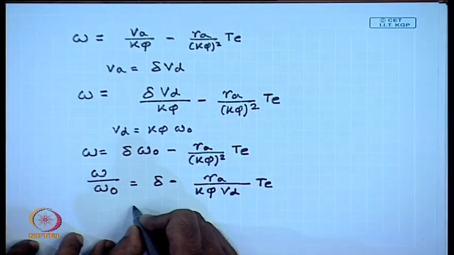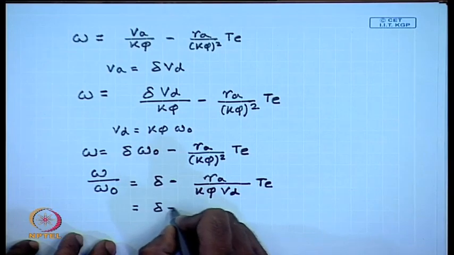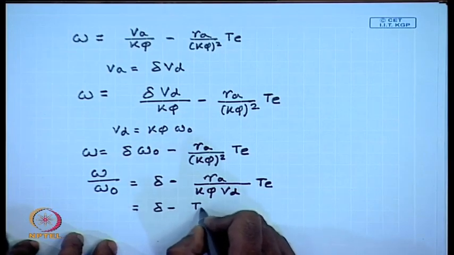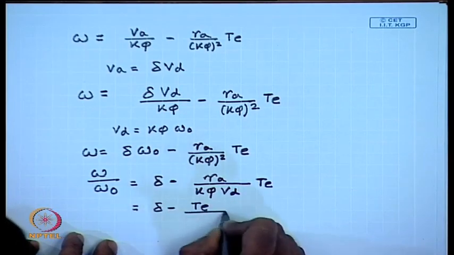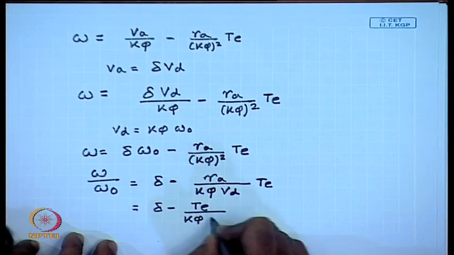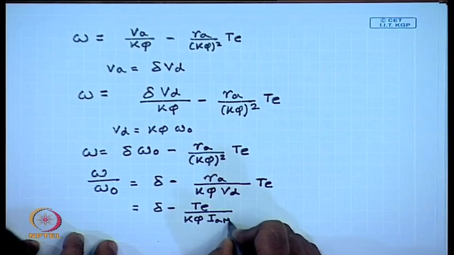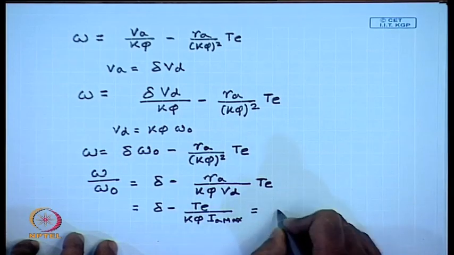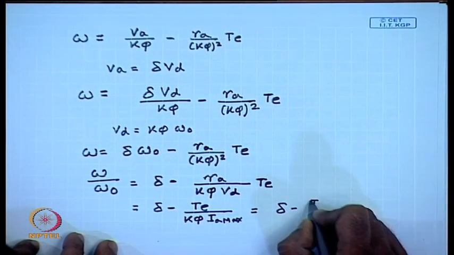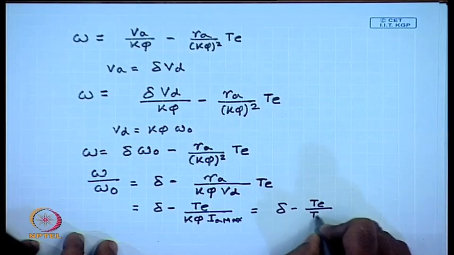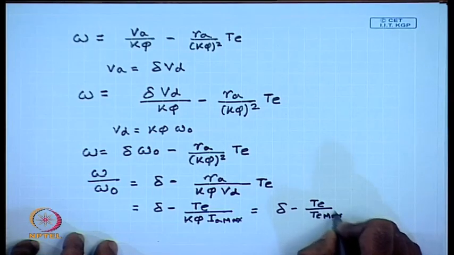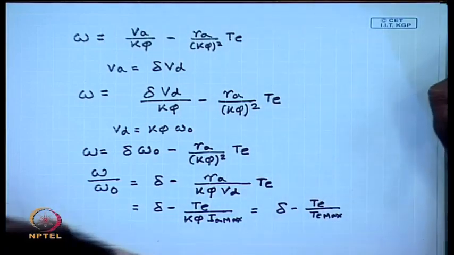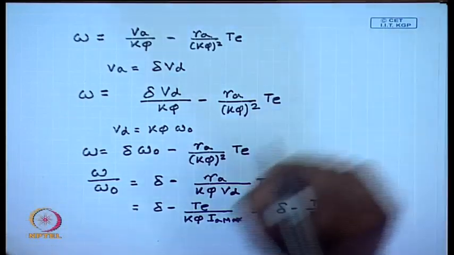So, this is equal to delta minus T E divided by K phi I A max, that is delta minus T E by T E max, which is the maximum torque at direct online starting with a voltage of V D.